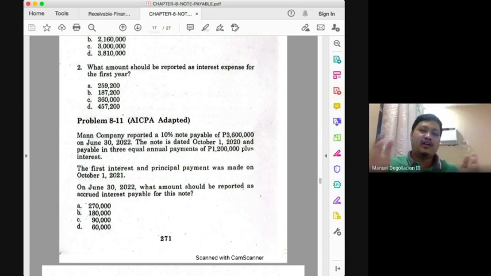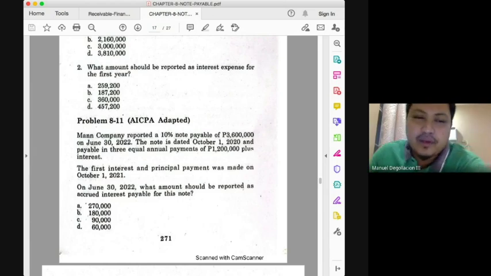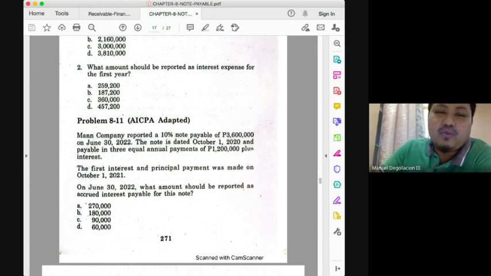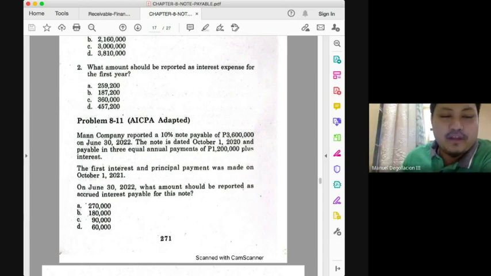But again, if we are on June 30, 2022, the remaining principal here that will be earning interest will only be 2,400,000 and no longer 3,600,000. Okay. But if the question was how much was the accrued interest payable on June 30, 2021, then your answer would have been 270,000, because at that point, it is the 3,600,000 that will be earning interest.